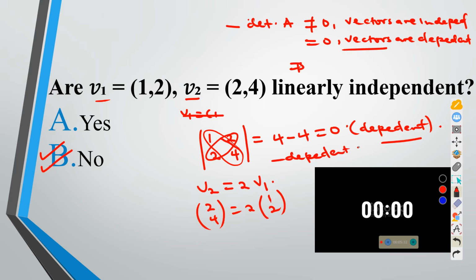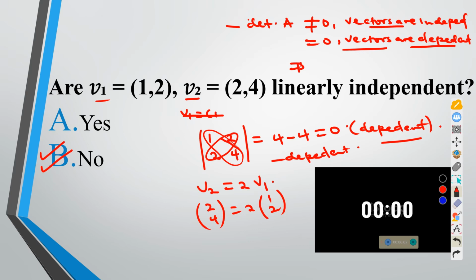But you can also use a quick test of getting the determinant. If the determinant is not equal to 0, they are independent. If the determinant is equal to 0, they are dependent. So that is how you can easily tell whether the given vectors are independent or not.